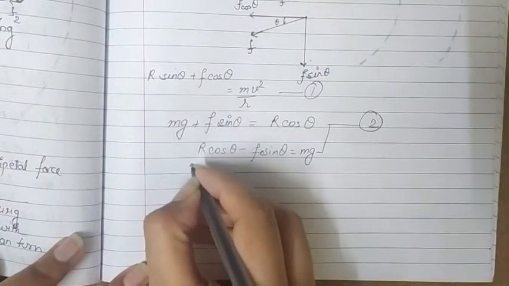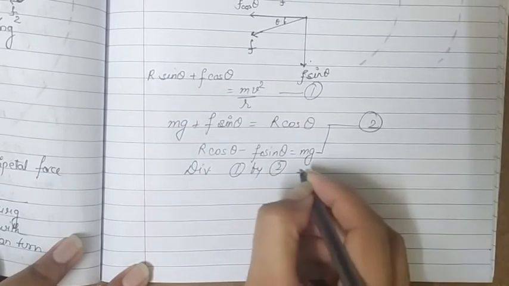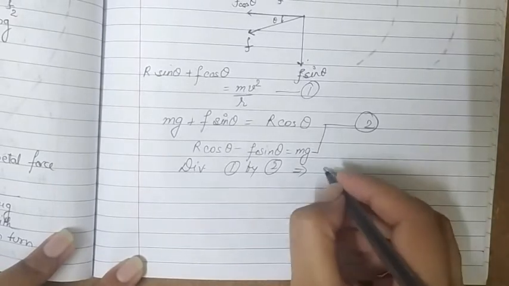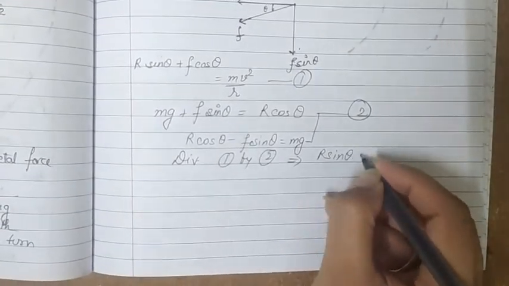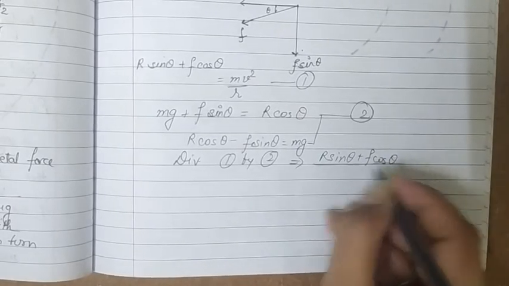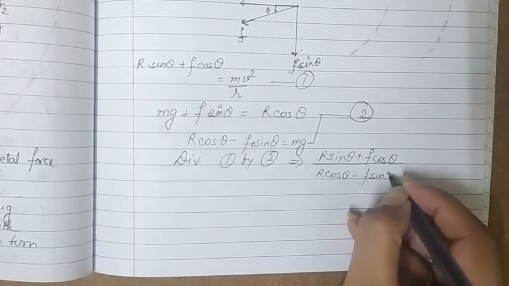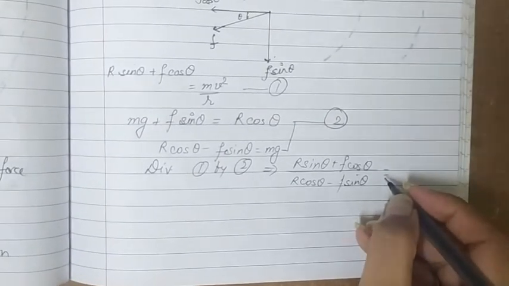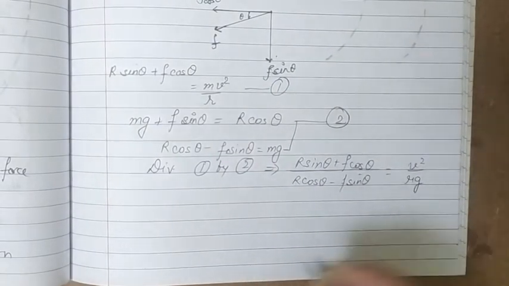After that we will get R sin theta plus F cos theta upon R cos theta minus F sin theta, and the right hand side will be equal to v square upon rg.